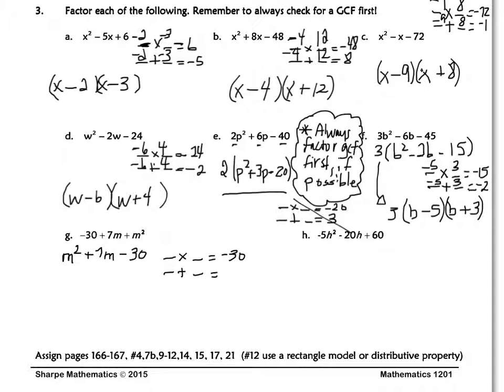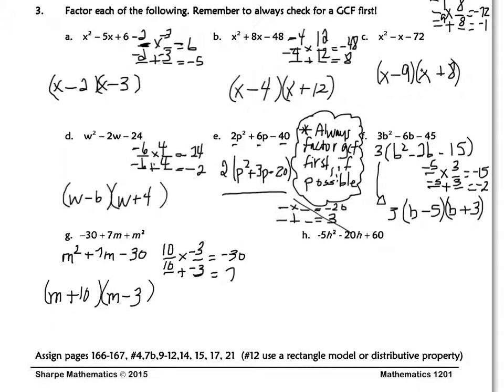If you can do it in your head without having to write that down, by all means do so. So two numbers that multiply to give you negative 30, so that means one of them has to be negative. And I can think of it right away. That would be 10 and negative 3 would multiply to give me negative 30 and add to give me 7. So then I can go straight to my factors here. And I can write m and m plus 10 and minus 3.